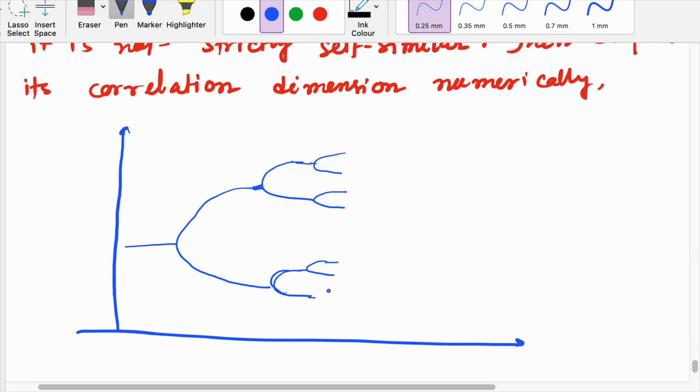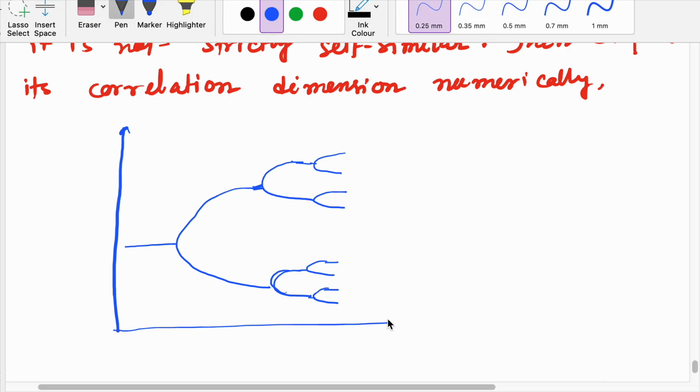If I increase r, these are going to happen. Now what does this mean? So I am varying r, this is r and this is x.